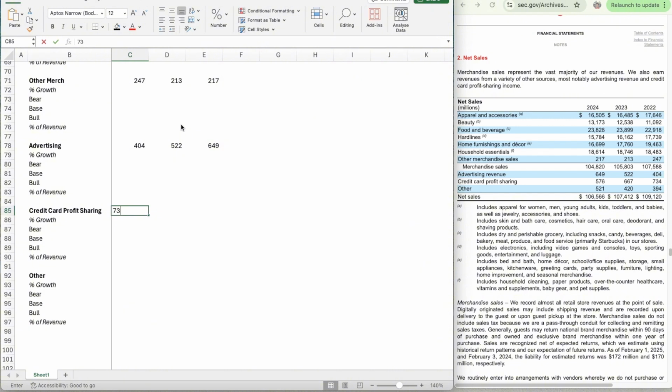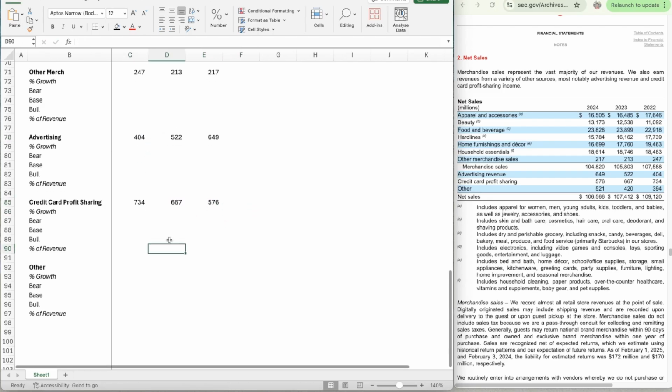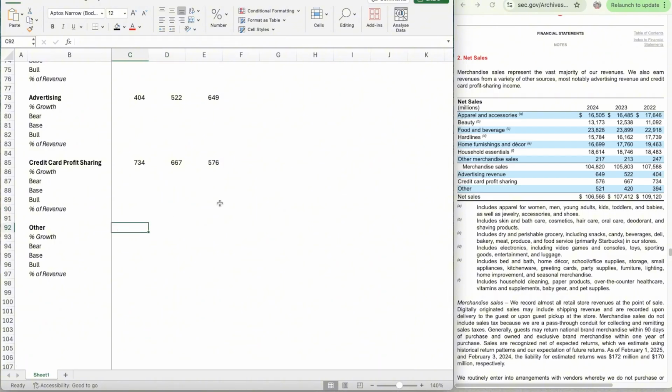734 for credit card. 667, 576. Other is 394, 420, 521.